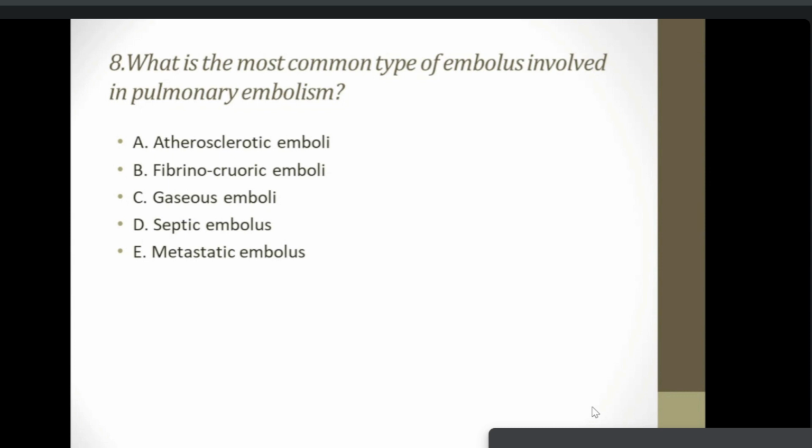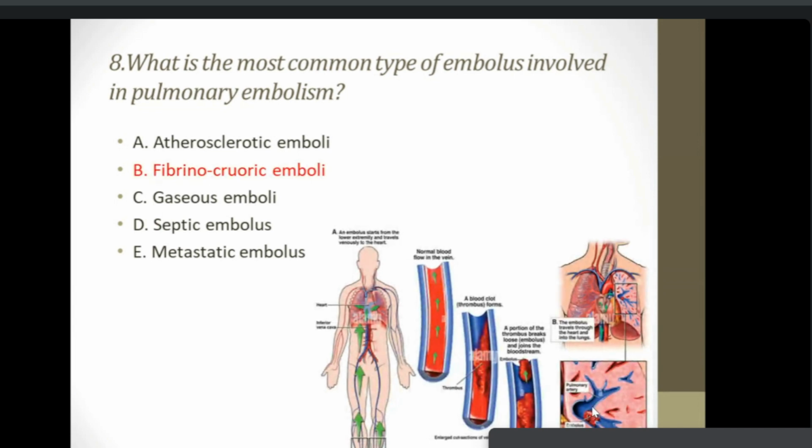I will wait a few seconds, like 5 or 6 seconds. Now we will move to see the correct answer. Okay, B. So the correct answer is B, fibrinocruoric emboli.